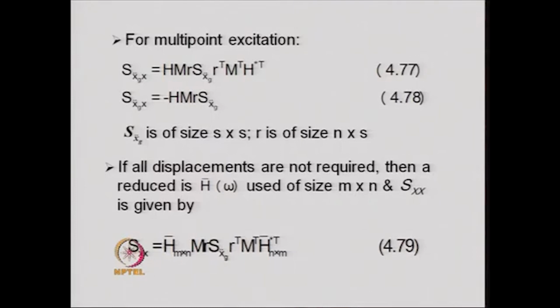In that case, a reduced frequency response function matrix is obtained from the total frequency response matrix of the system, and that we denote by H bar. Using that H bar, one can obtain the power spectral density function matrix of the selected responses.